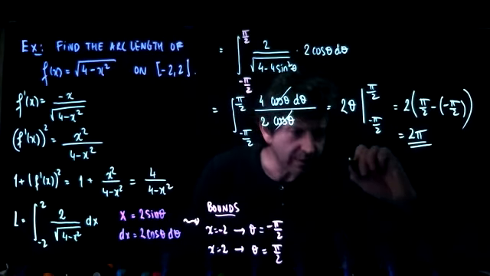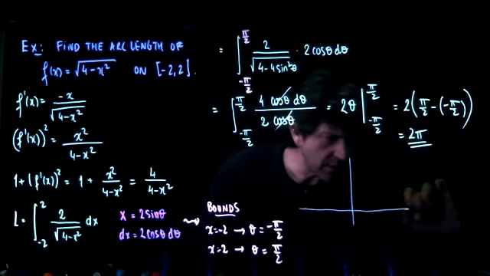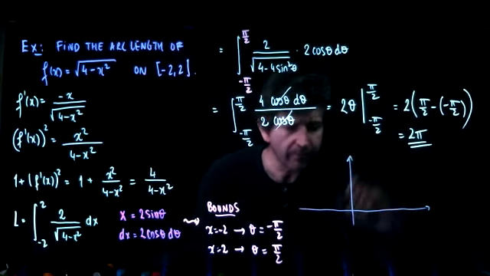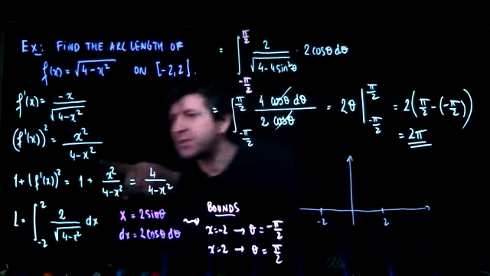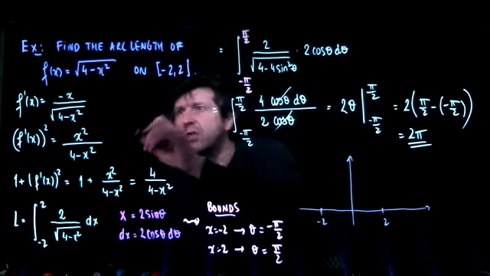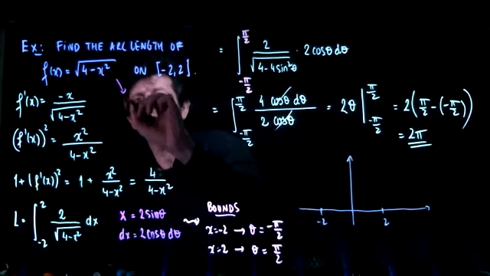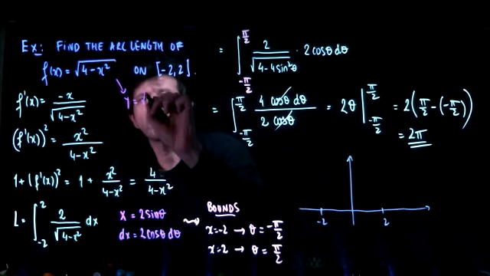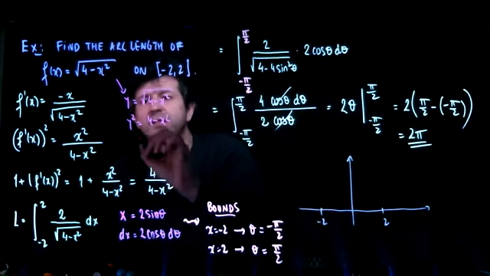what you just did, just for you to see, it's very nice to see it geometrically. Okay, so from -2 until 2, this is this function here. By the way, this is y equals square root of 4 minus x squared. If you square both sides, you get y squared is 4 minus x squared.